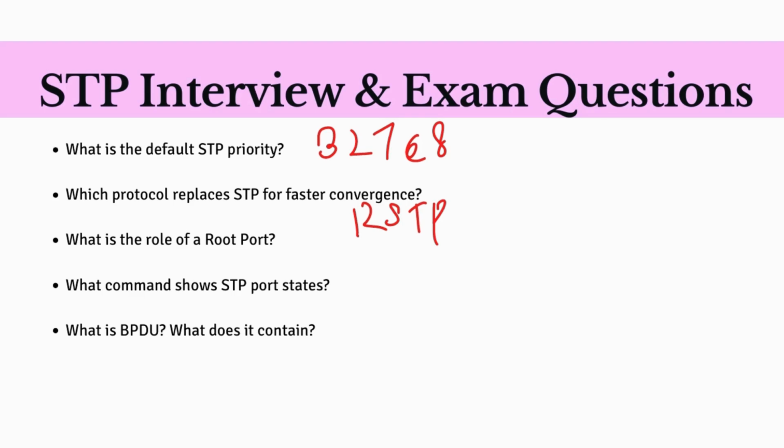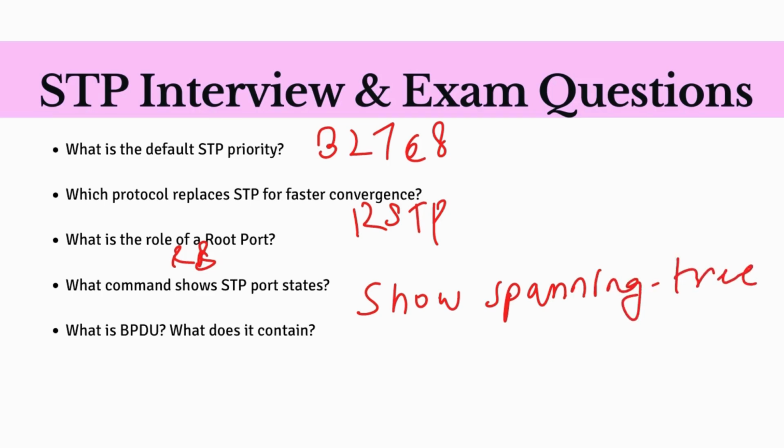And what is the role of the root port? Basically, it is the port which has the smallest path cost to the root bridge, and it forwards data to the root bridge. What command shows STP port states? It will be show spanning-tree.